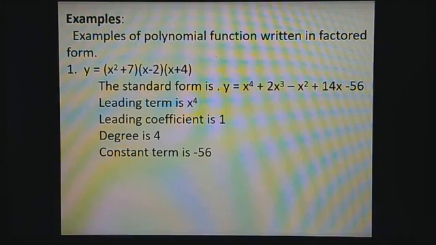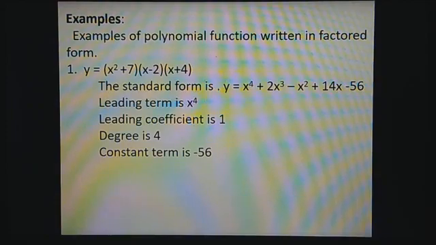So yung x squared, yung x and x, imumultiply natin. So ano ang product nun? So, x squared times x times x is equal to x raised to 4. So, that will be our leading term. So, the product of the first term of each factor will determine our leading term. So, we have x raised to 4.